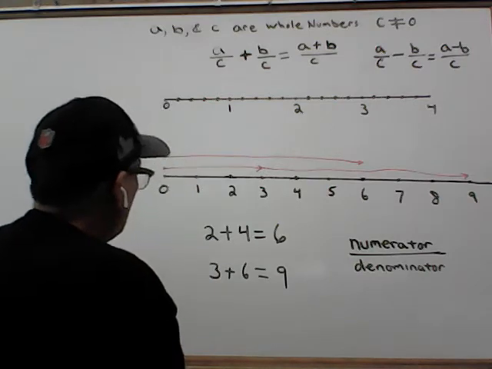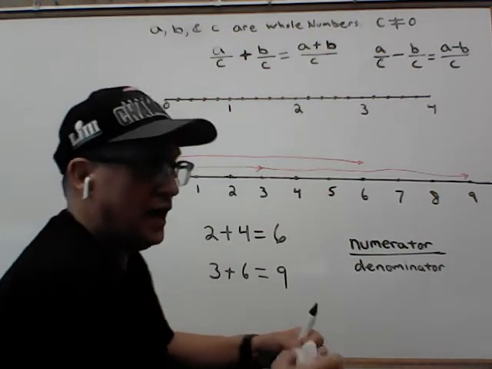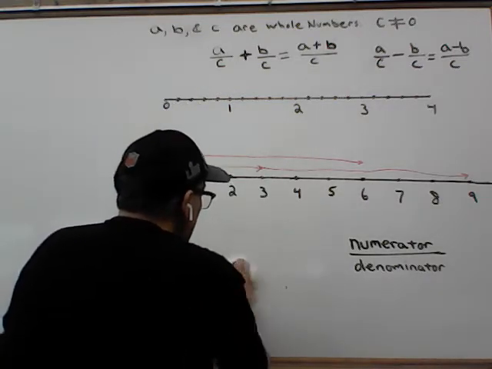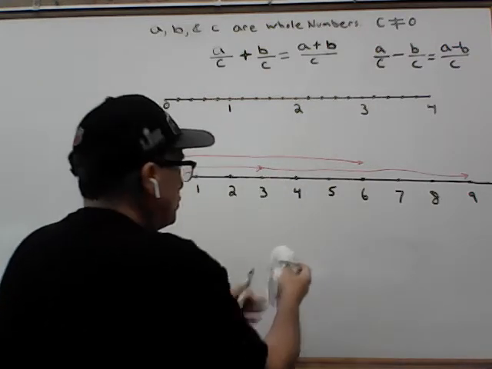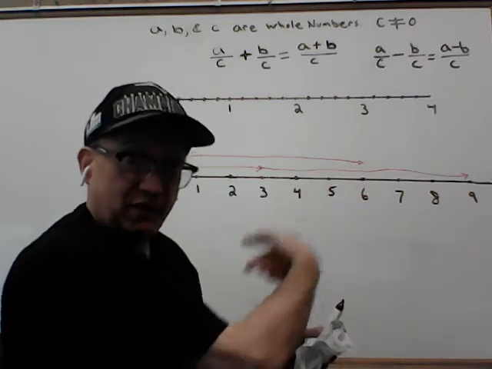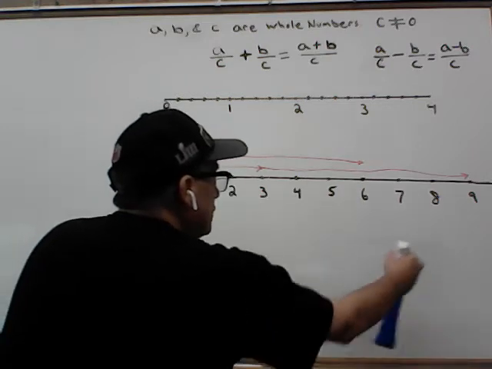All right, so what about fractions? What about if we have to add two fractions with different denominators? And I think I said before that I'm not going to show subtraction with vectors because that would involve left-pointing vectors, which are negative numbers. We'll do that later on.